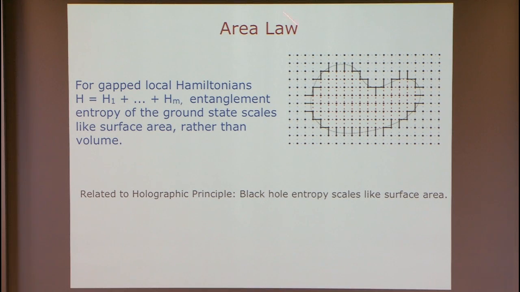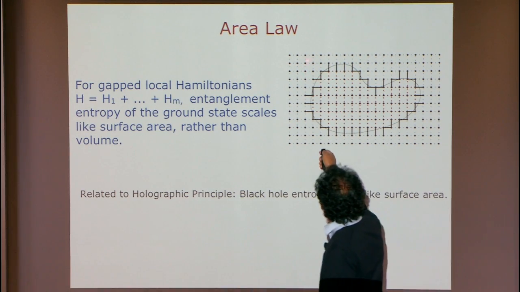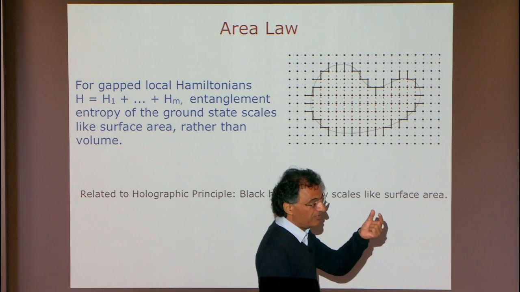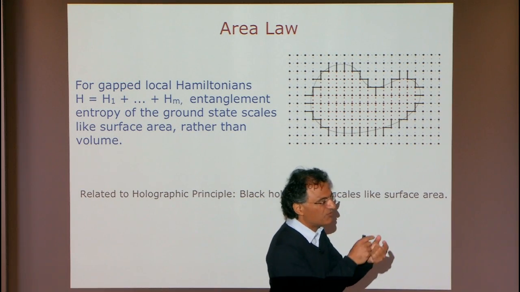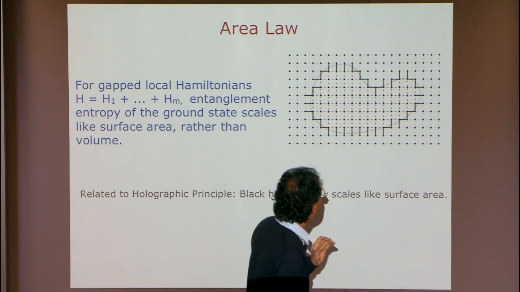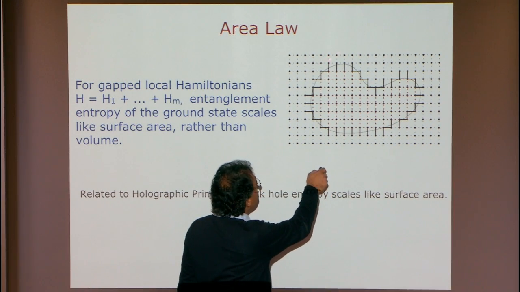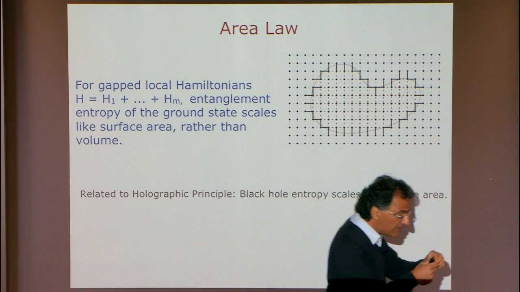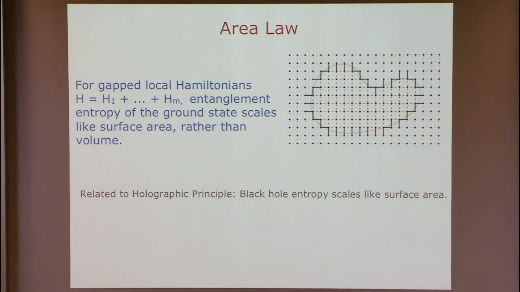Think of the terms of the Hamiltonian as a graph rather than a multigraph, though it would hold also for multigraphs. Now let's say the interconnection pattern is completely arbitrary. Then you could still define the surface area of a region: it's the number of edges that you cut. And as far as we know, the area law still holds.